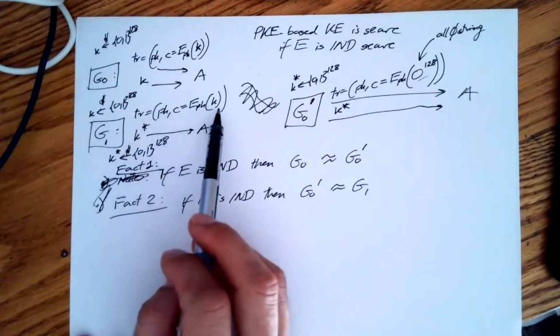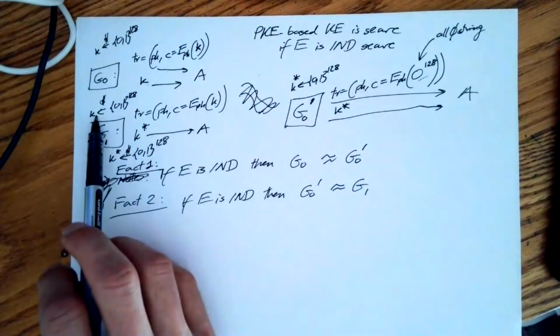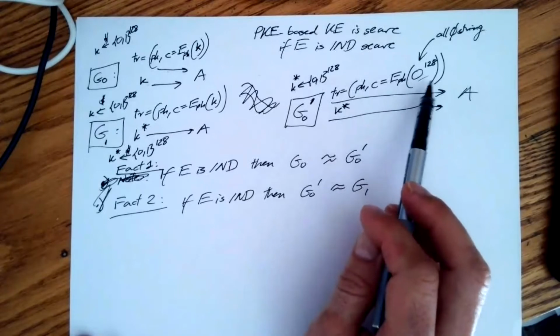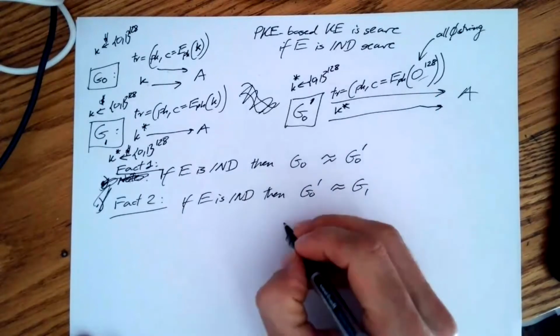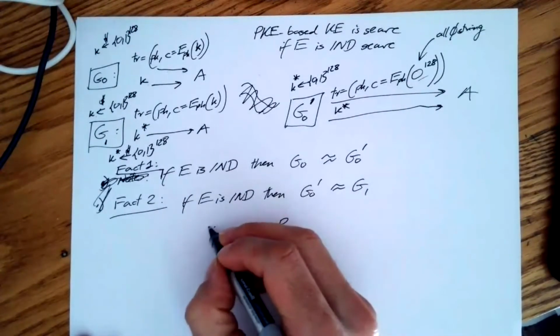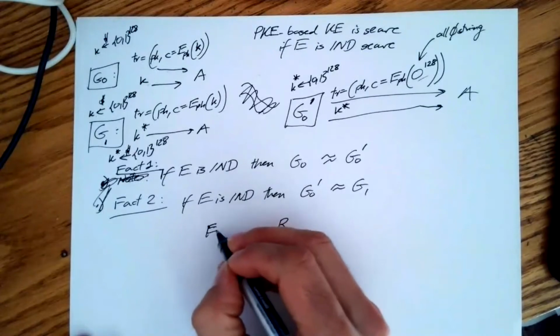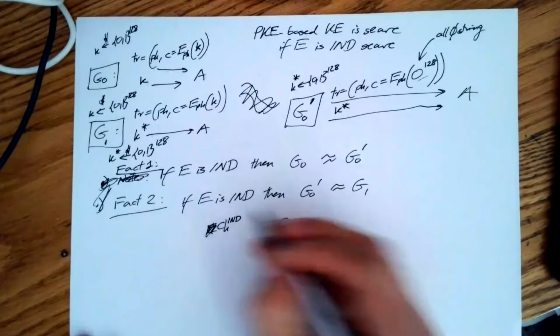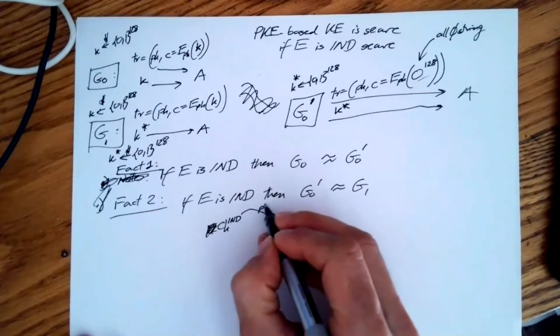This ciphertext encrypts an independent random key, while this ciphertext encrypts an all-zero string. So again, you have a reduction, which, given the encryption challenger for indistinguishability, gets a public key.